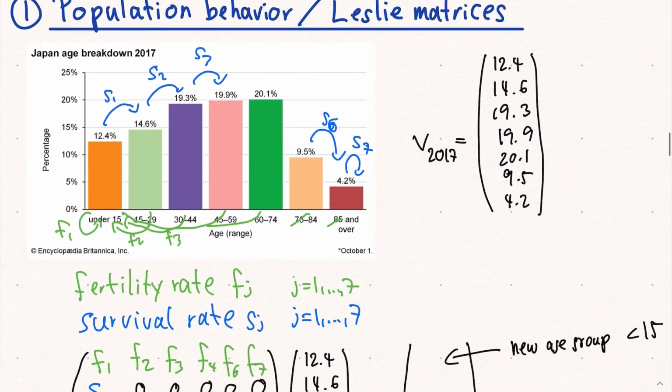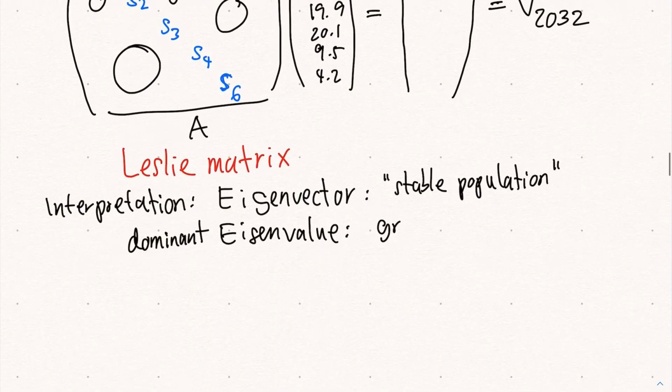So in this population example, the dominant eigenvalue gives the growth rate of the population.